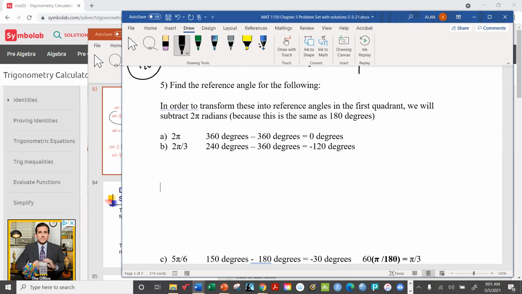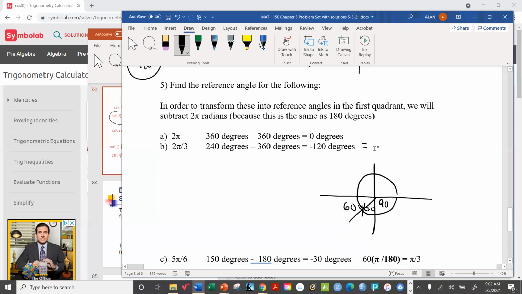If I go to 120, I'm doing B again just to see something. So negative 120 means you've come around this way, and that is the equivalent of coming this far, 240.